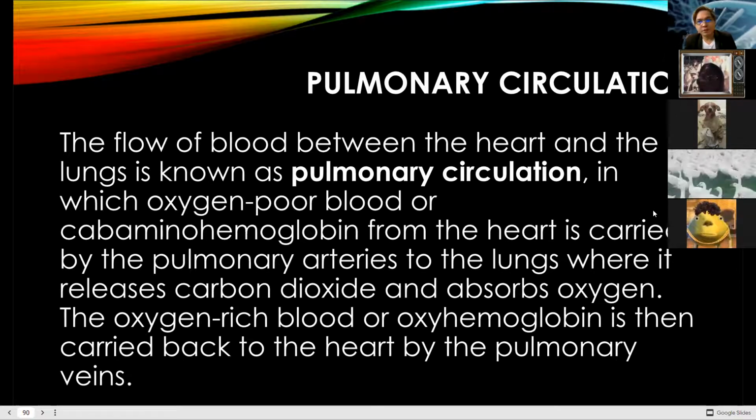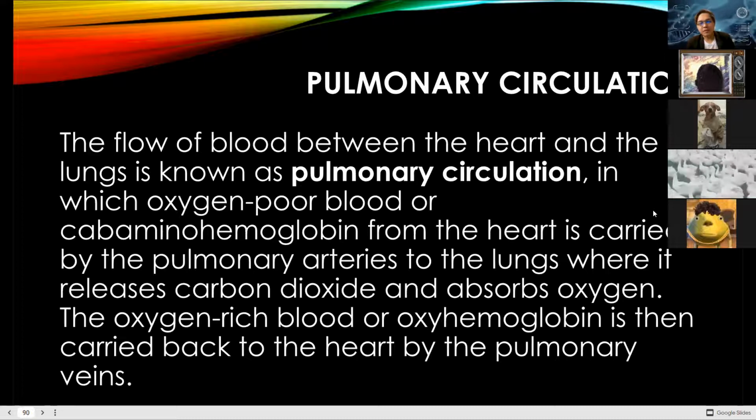The flow of blood between the heart and the lungs is known as pulmonary circulation. I already gave you the illustration or diagram of this pulmonary circulation, in which oxygen-poor blood or carbaminohemoglobin from the heart is carried by the pulmonary arteries to the lungs, where it releases carbon dioxide in exchange for oxygen.